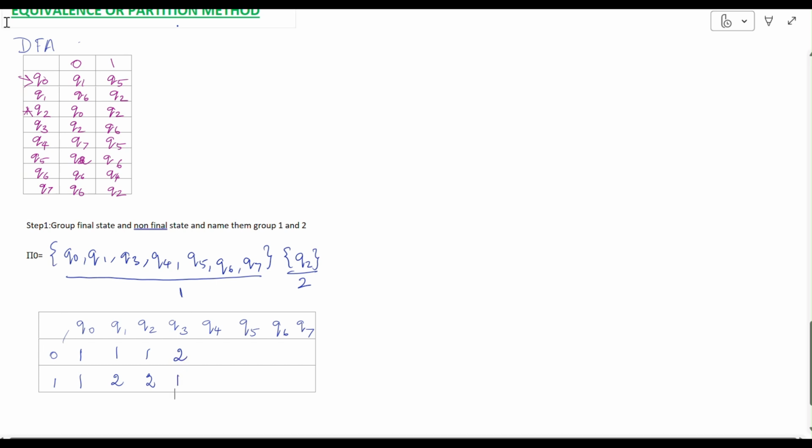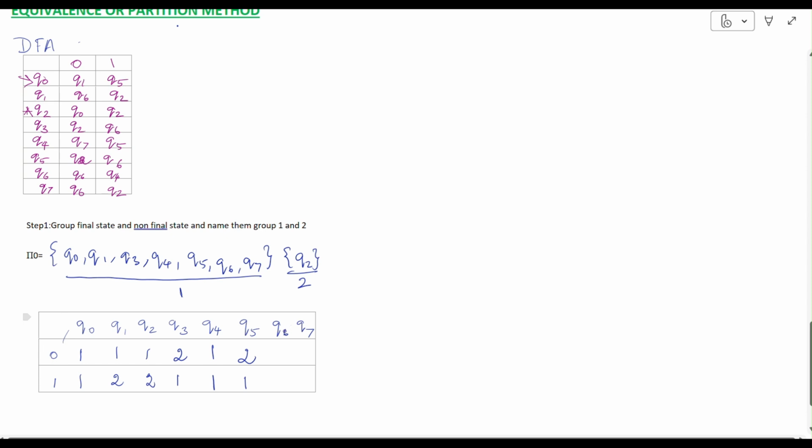And Q4 goes to Q7 and Q5. So Q7 is also in group 1 and Q5 is also in group 1. So it is 1 and 1. Q5 on receiving input 0 goes to Q2, which is group 2. Q5 on receiving 1 goes to Q6, which is group 1.